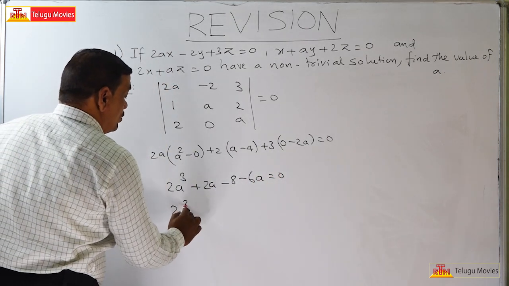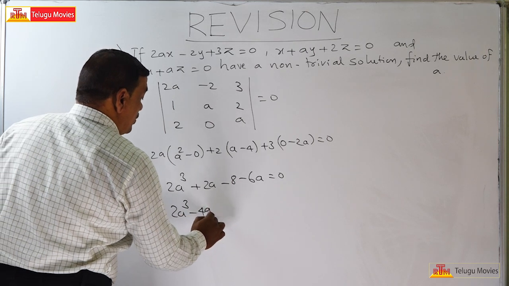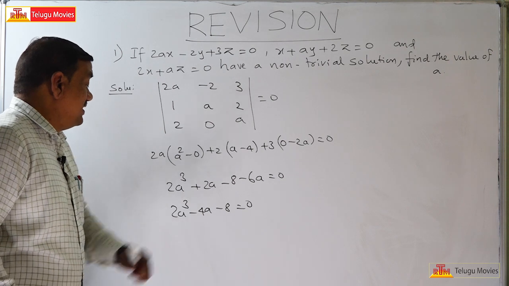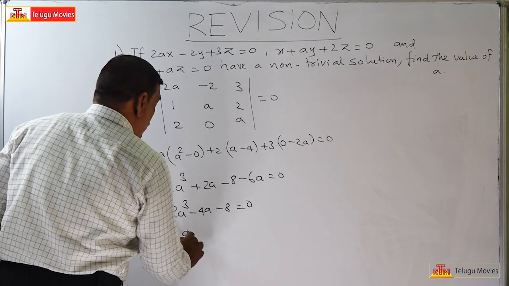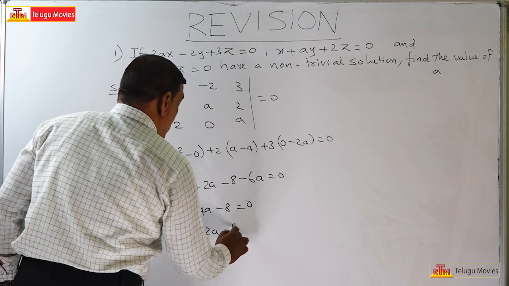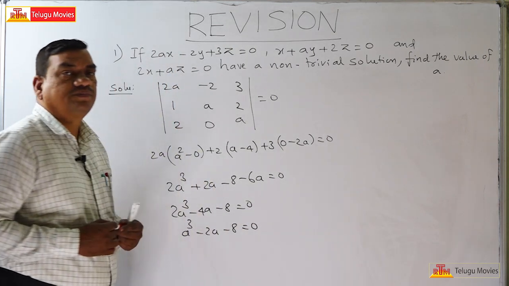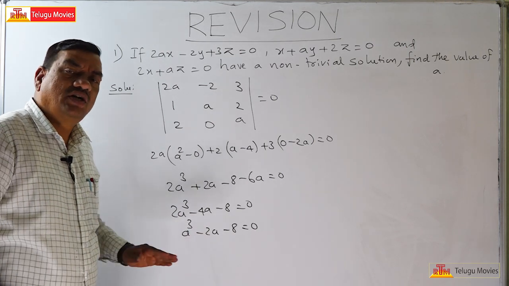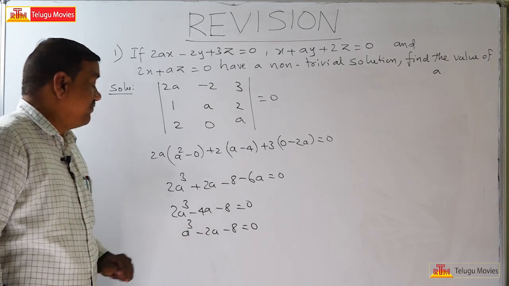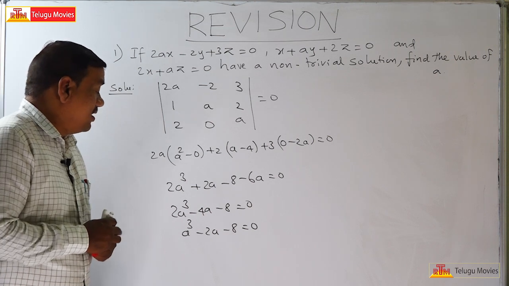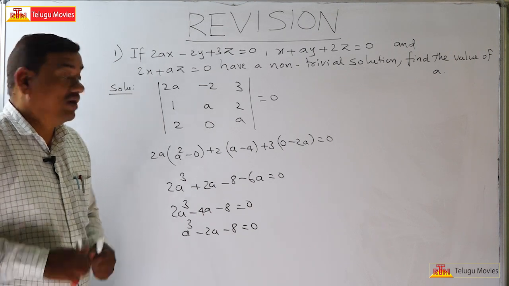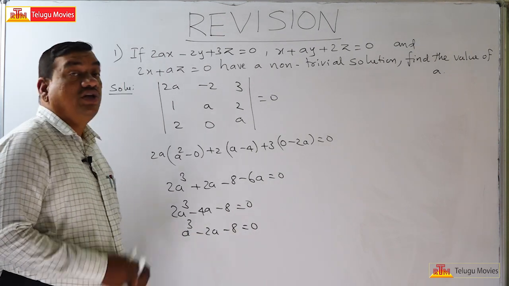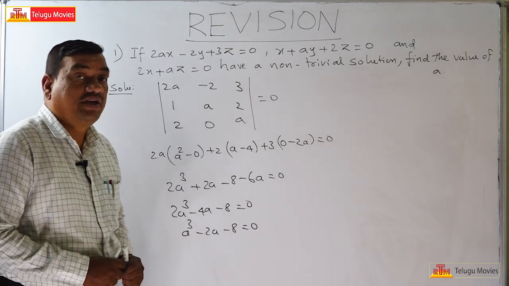So this is 2a cube minus 4a minus 8 equal to 0. Dividing by 2, a cube minus 2a minus 4 is equal to 0. Everybody can do up to here. All the students will reach here, but from here onwards the break will come: you have to solve this cubic equation.